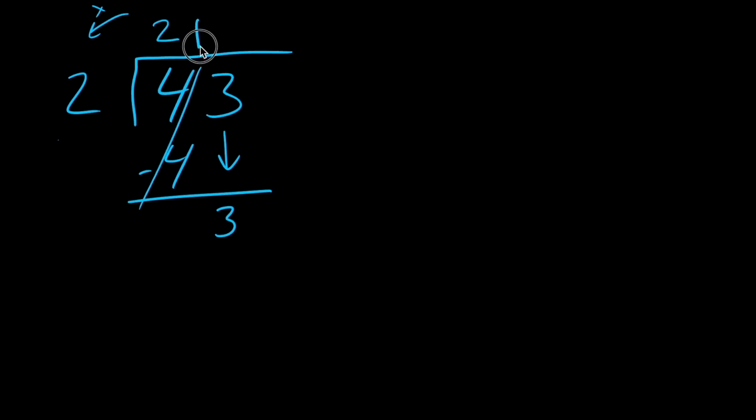So I'll write the 1 up here. And then we multiply the 1 with the 2, and that gives us 2. Then we subtract 3 minus 2, that gives us 1, and that's a remainder.